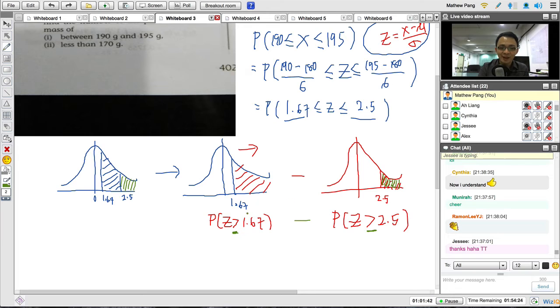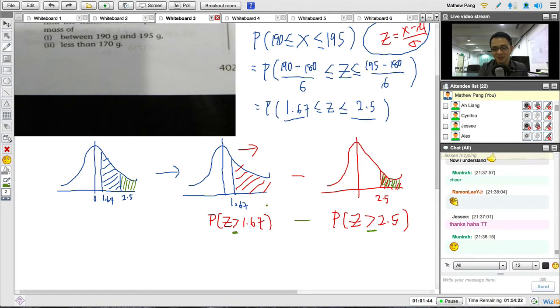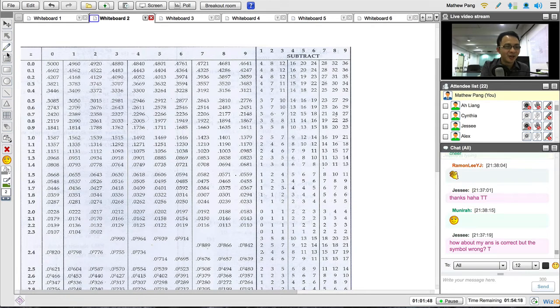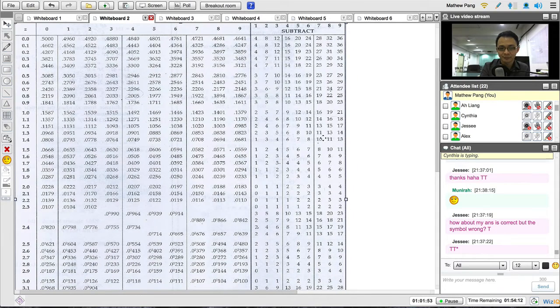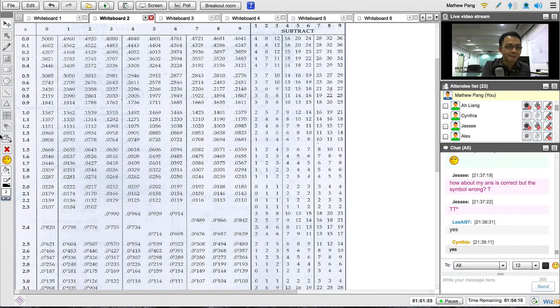Okay, then I got 1.67. This is the crucial part. I need the Z value table. All of you can see the Z value table, right? Tell me if you can. Okay, so 1.67. I write here 1.67, right?